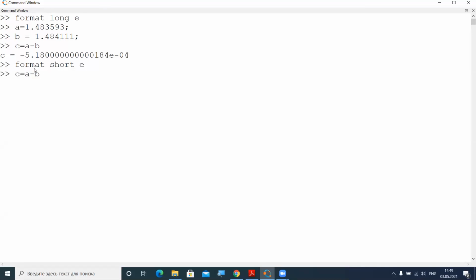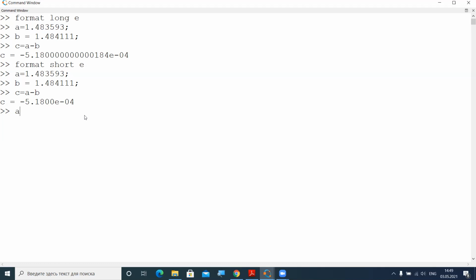Let's do it one more time, and you can see here the difference between them. So here we have just how many digits after the point? 4 digits. So this is format short E, and this one was format long E. Okay, now let's continue. And here find these rounded numbers.